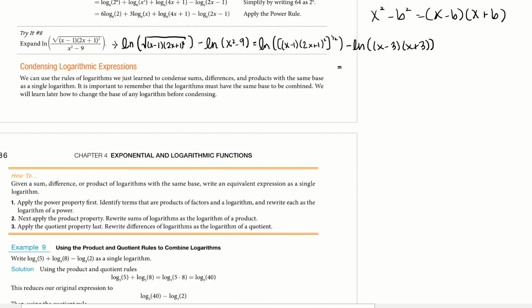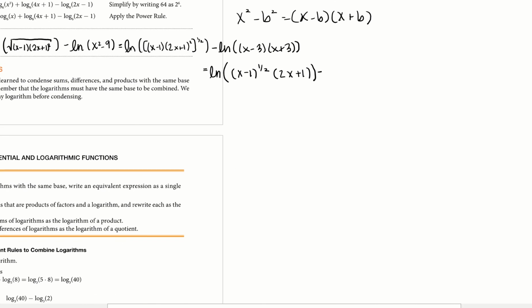So now I'm going to raise everything in here to half. Notice that when I raise 2x plus 1 squared to half, I multiply 2 by half, so I just get 1. And then I can break these up here into ln of x minus 3 plus ln of x plus 3.